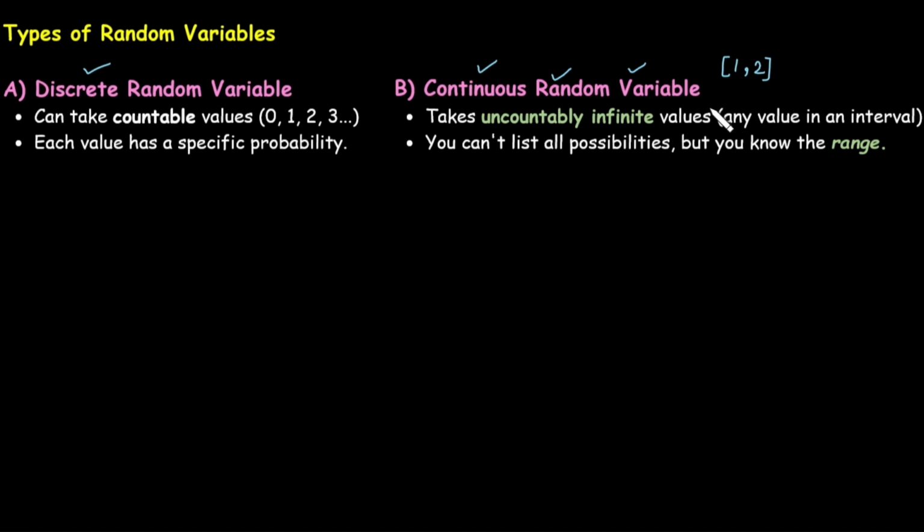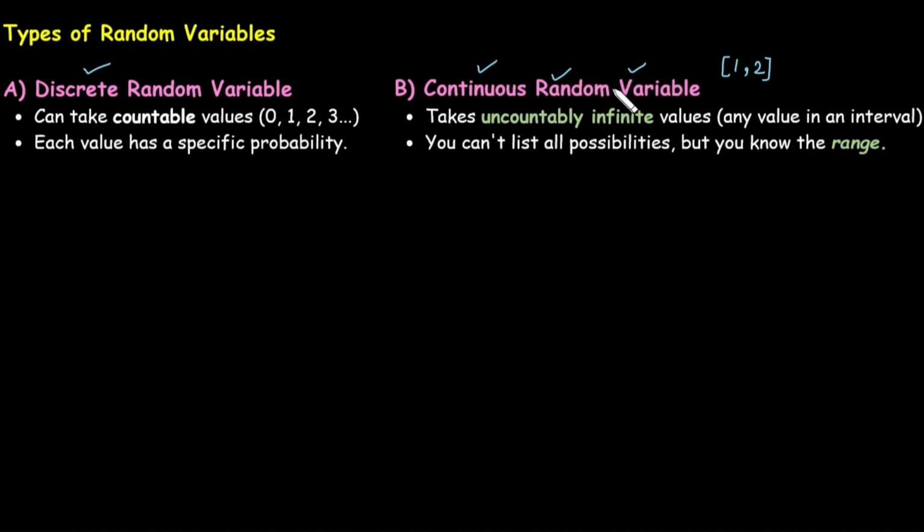There are infinitely many, because हमें नहीं पता 1 के बाद क्या है, that is 1.1 or maybe 1.01, or we can say that 1.001. So there are uncountably infinite values. So जब भी possibility होती है कि value of random variable is in certain range, that comes under the part of continuous random variable.